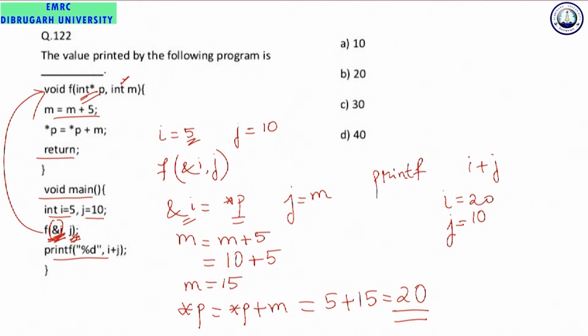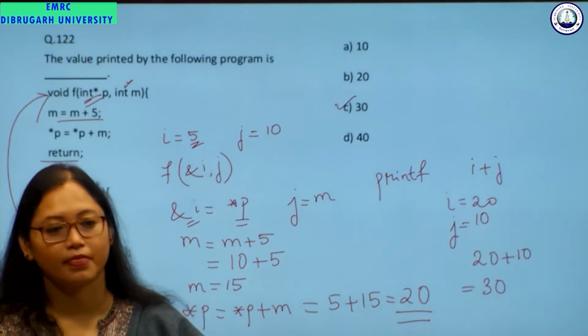So do not get confused why j is not being modified and only this one. So i plus j, 20 plus 10, is equal to 30. So this is the answer for this question.